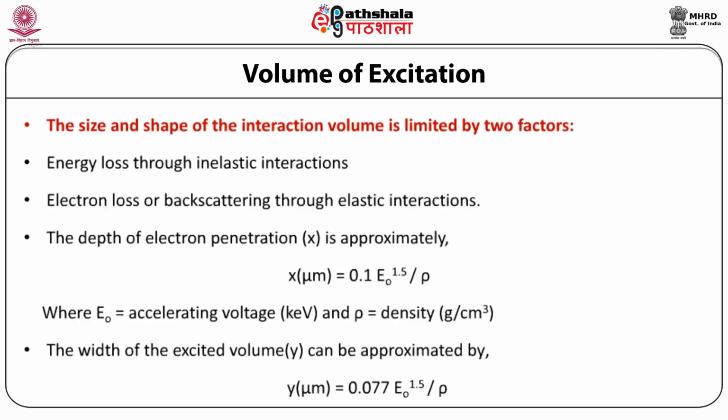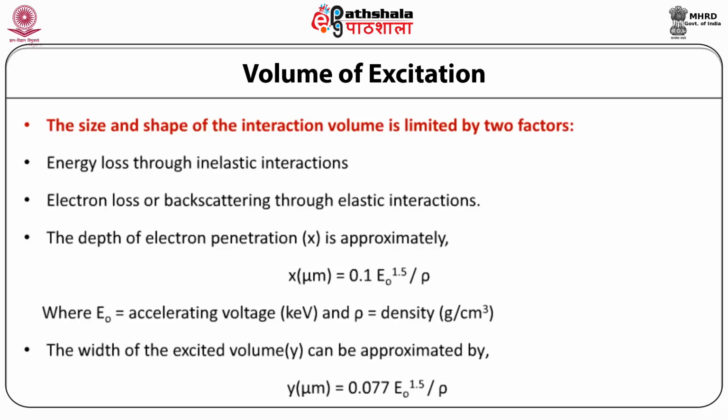In specimens of high atomic number, the electrons undergo more elastic scattering per unit distance, and the average scattering angle is greater. The electron trajectories in high atomic number materials tend to deviate out of the initial direction of travel more quickly. The shape of the interaction volume is greatly affected by the atomic number of the specimen.